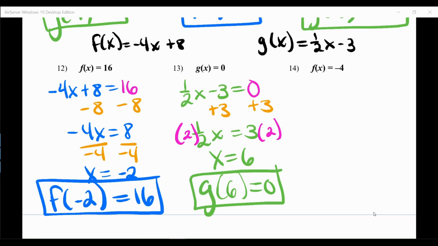Last one, f of x equals -4. So again, we're going to substitute -4 in for f of x and solve for x.